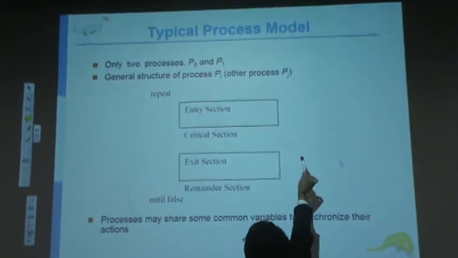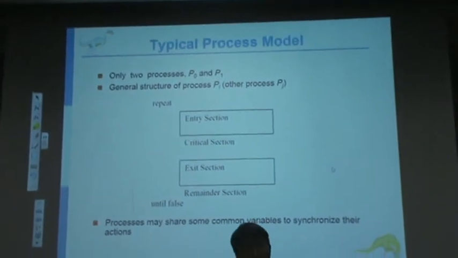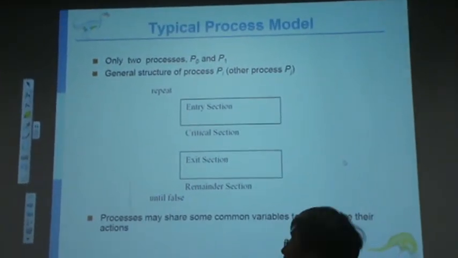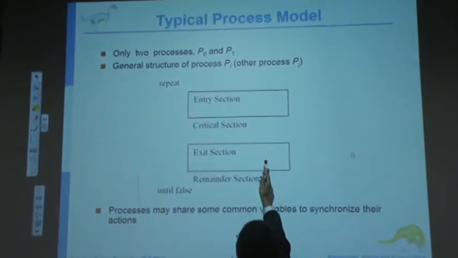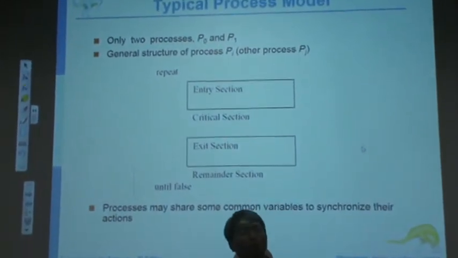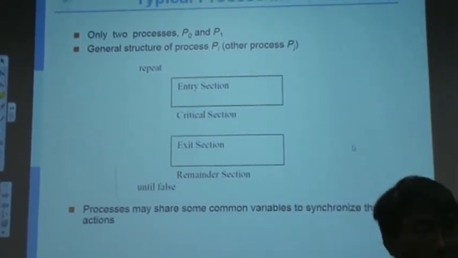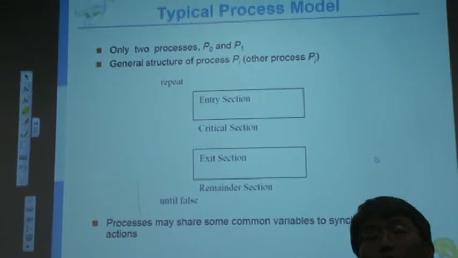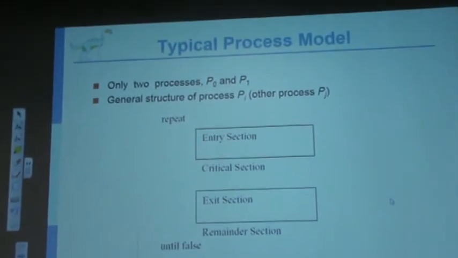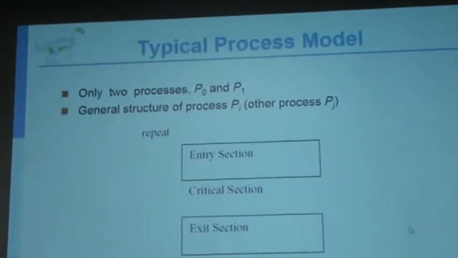In the process structure, we define such a critical section. However, to enter the critical section, a specific part of your code, you need to get the permission. Where can you get the permission? That is called the entry section.